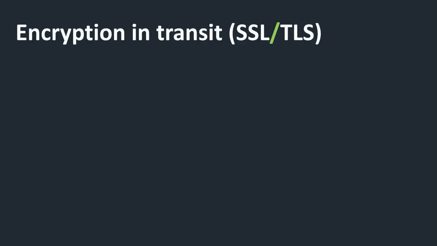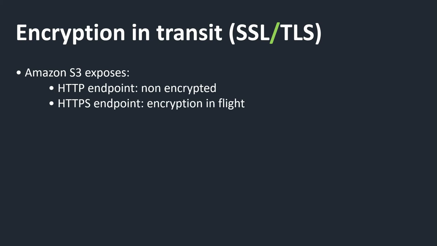I have also been mentioning encryption in transit in this lecture, and I will make it very clear what it is. That's around SSL and TLS connections. Amazon S3 exposes an HTTP endpoint, which is not encrypted, and it exposes an HTTPS endpoint, which is encrypted and provides what's called encryption in flight, relying on SSL and TLS certificates.